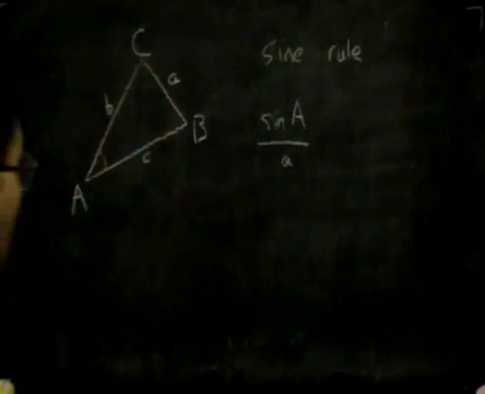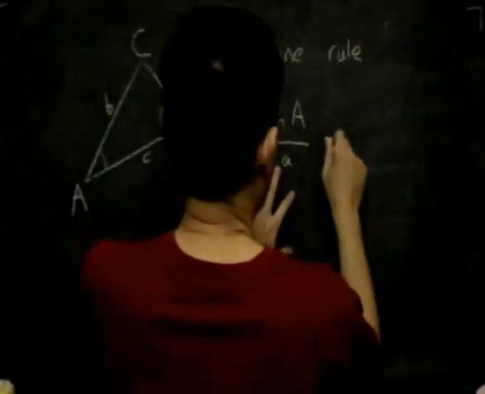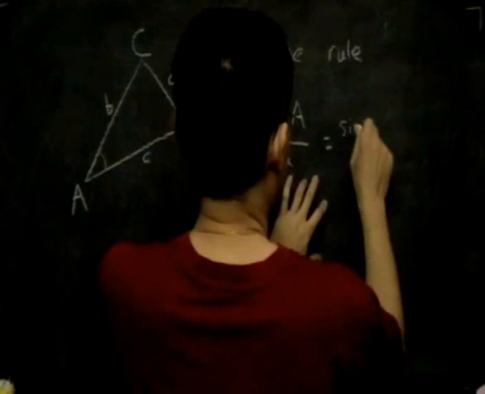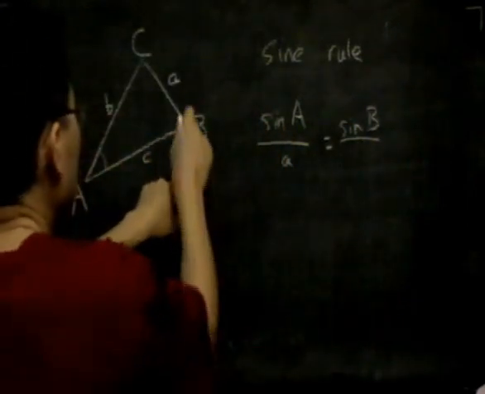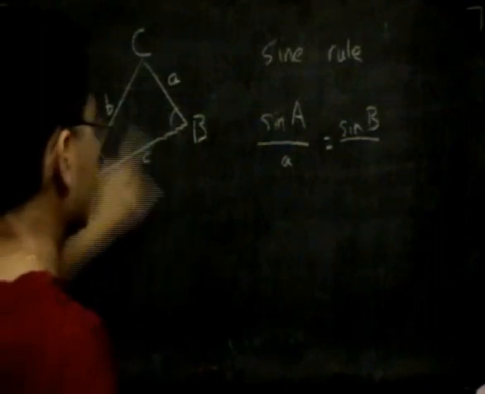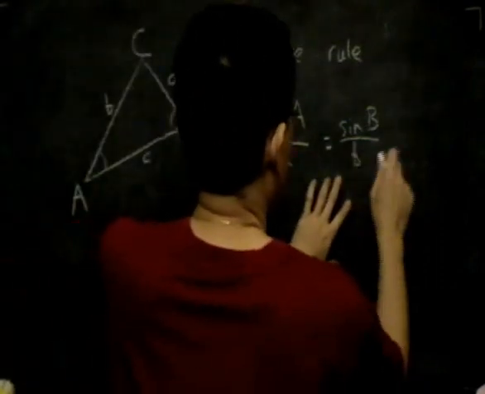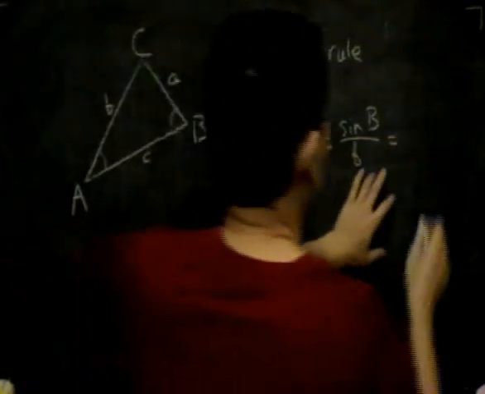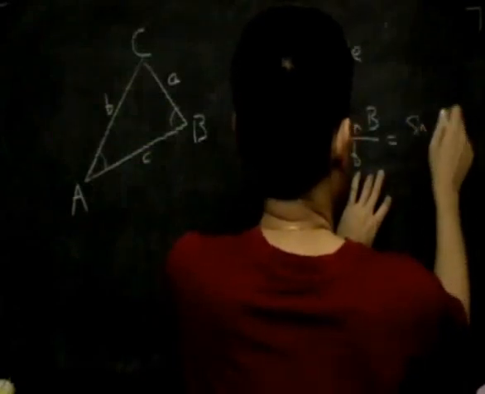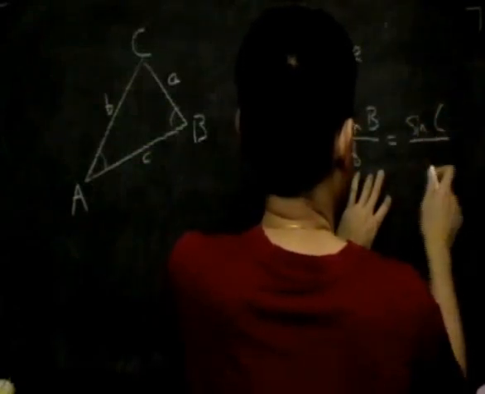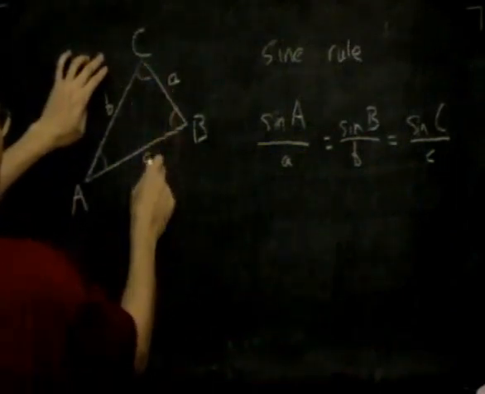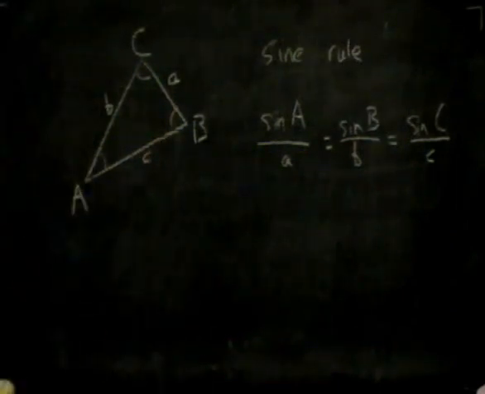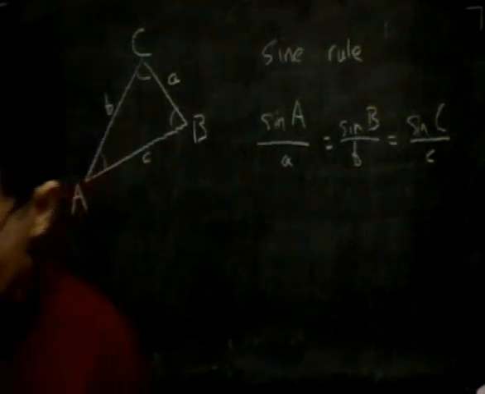Right, we have a fraction there. This is equal to the sine of another angle B, this one, divided by its opposite side, b, and this is also equal to sine of the remaining angle C divided by its opposite side. So just a very simple rule.